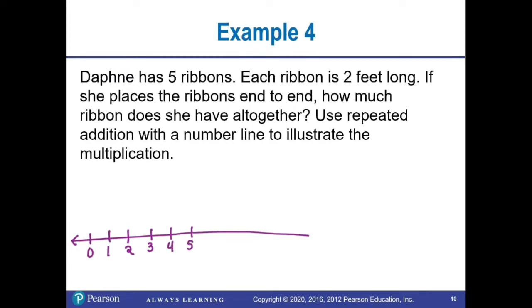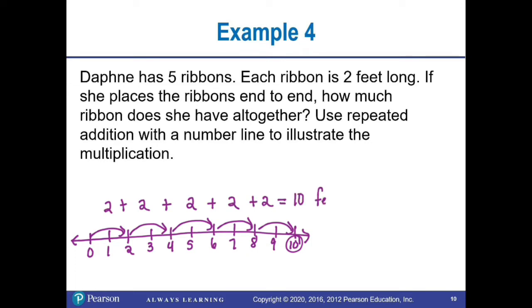I will typically count from 0 to 10 on my number line. Each ribbon is 2 feet long, so I take jumps of 2. There are 5 ribbons, so notice I have 5 arrows, and we land on 10. So 2 plus 2 plus 2 plus 2 plus 2 is 10, or 10 feet.